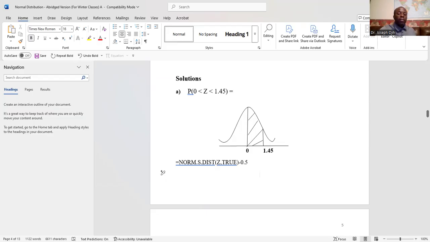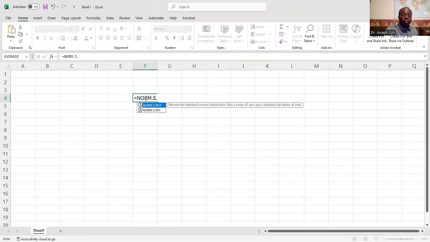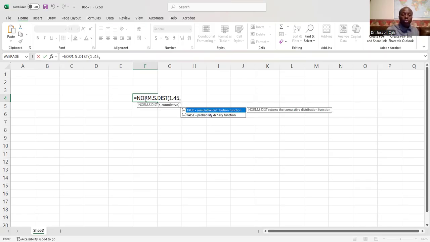So you go to Excel, type equal NORM.S.DIST. Put the Z value given, which was 1.45, comma, TRUE. Did I put TRUE on that formula? Make sure I put TRUE there.